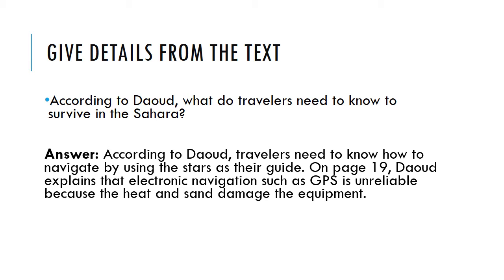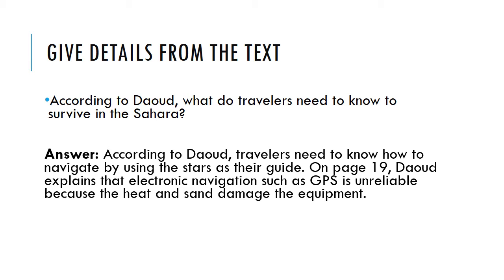I said, on page 19, Daoud explains that electronic navigation, such as GPS, is unreliable because the heat and sand damage the equipment. Take note that I mentioned the page number, and afterwards, I basically have a summary or paraphrase of what I've read on that page. Do you think this one detail is enough to support that we know what we're talking about?